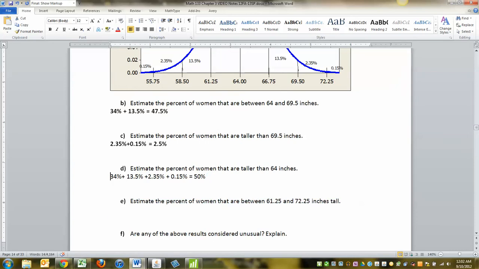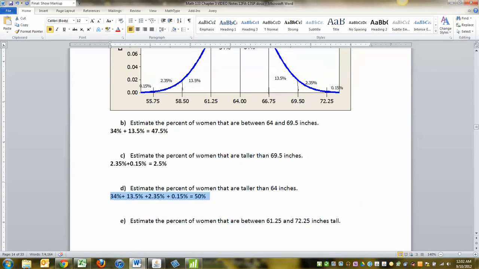All right. What about the next one? What percent of women are between 61.25 and 72.25? All right. So you start at 34% for the first section, plus another 34% for the next section, plus 13.5%, plus 2.35%, and then you stop. See, 72.25 is right here on the right.